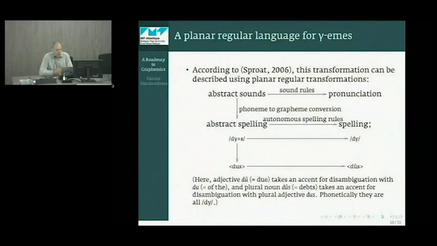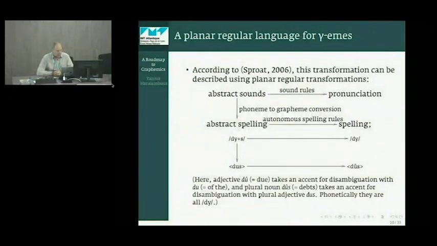And Richard Sproat went even further, saying that we will not take individual graphemes, but we need to take strings, and we can, from abstract sounds, go to pronunciation using sound rules according to Chomsky's generative approach. Sproat says that from abstract sounds we can go to graphemes and then apply spelling rules to get actual spelling. So in the spelling you have the interaction of graphemes to obtain written text.